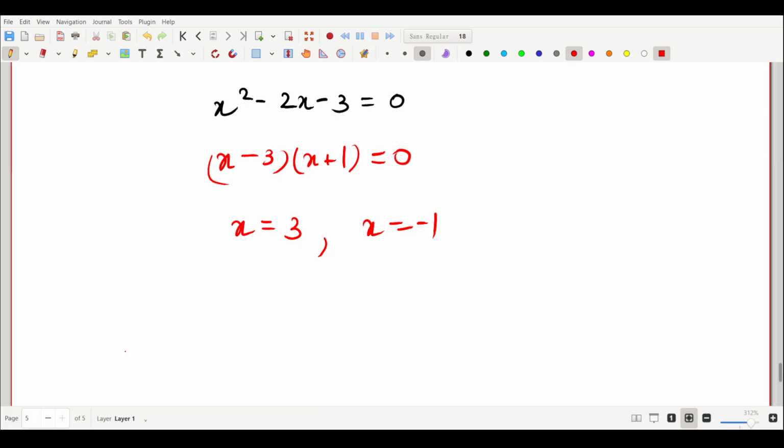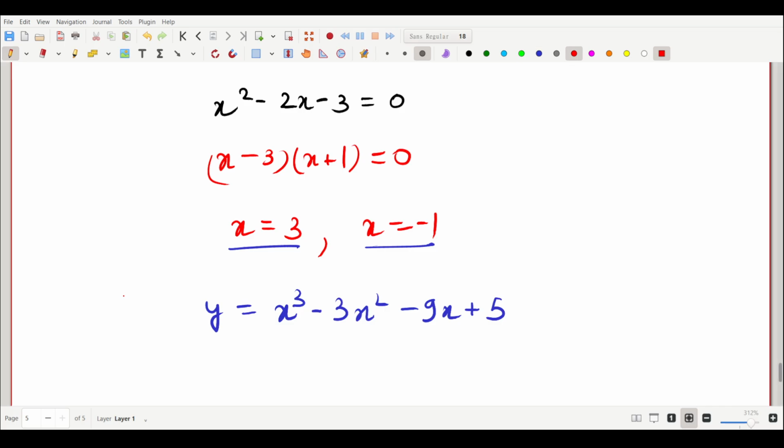Let's find the y values also at these points. Now these values of x you have to put in the given equation. The given equation was y equals x cube minus 3x square minus 9x plus 5.